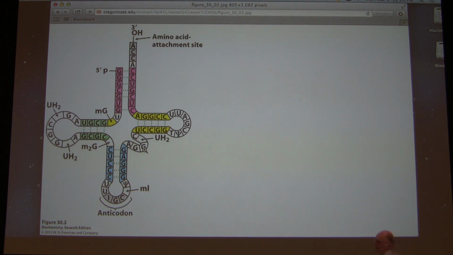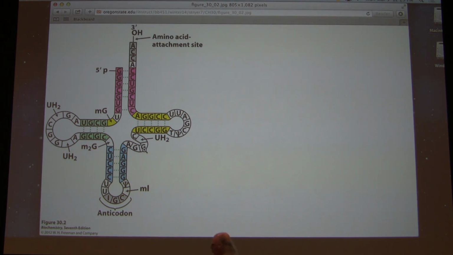Ribose has both a 3' hydroxyl and a 2' hydroxyl. Some amino acids get attached to the 3' hydroxyl, and some of the amino acids get attached to the 2' hydroxyl. I'll say a little bit about those in just a bit. Okay? So the amino acid doesn't have to go on to the 3'. In some cases, it actually goes on to the 2'. We see the amino acid up here. We see the anti-codon way down here.